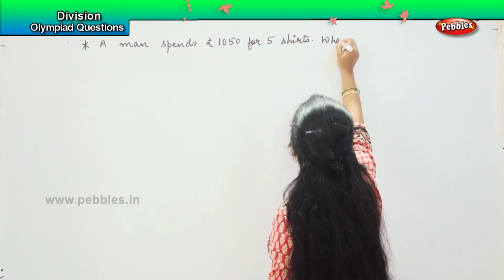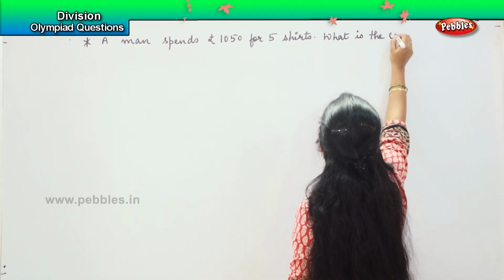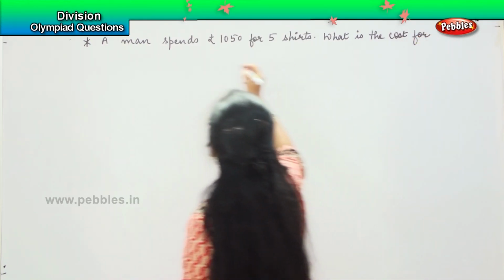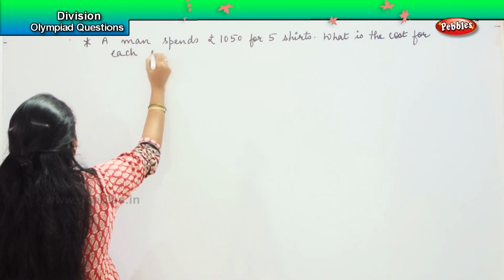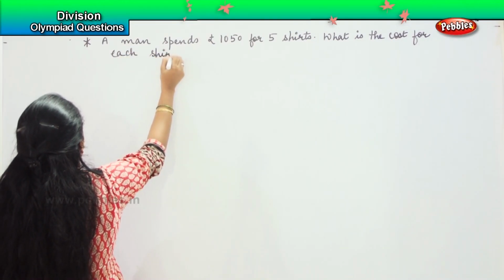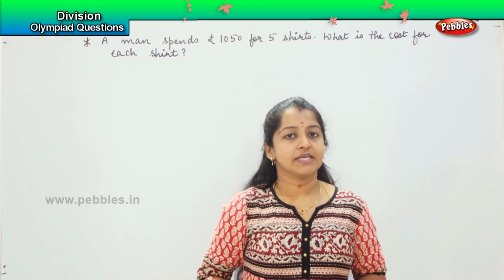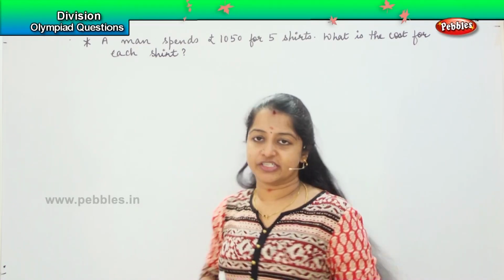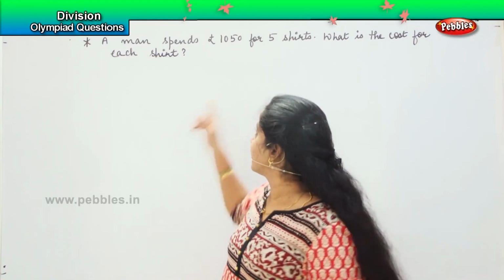What is the cost for each shirt? Did you understand the question? A man is spending 1050 rupees for 5 shirts. So you have to tell me what is the cost of each shirt.